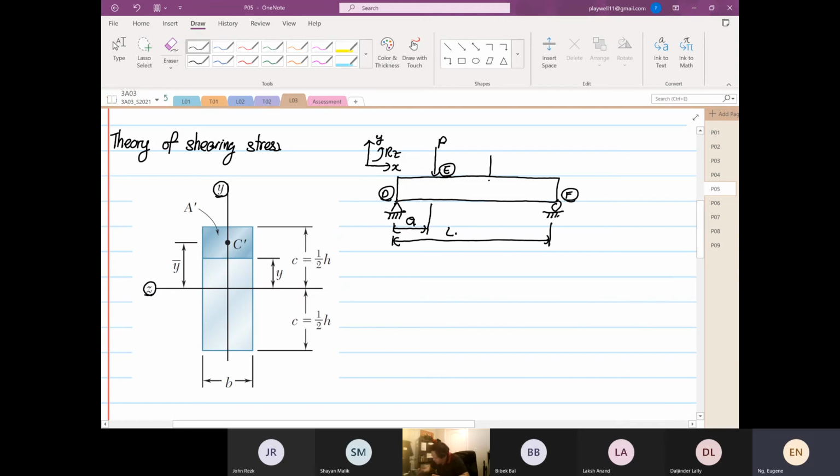This is our cross section at, probably we call it NN. That is the view of our NN cross section.